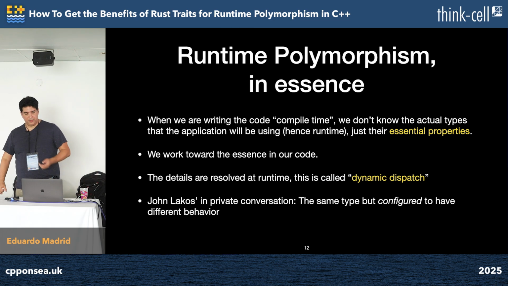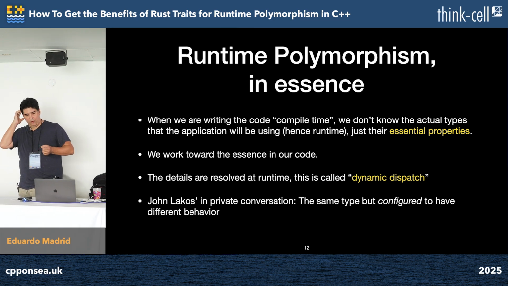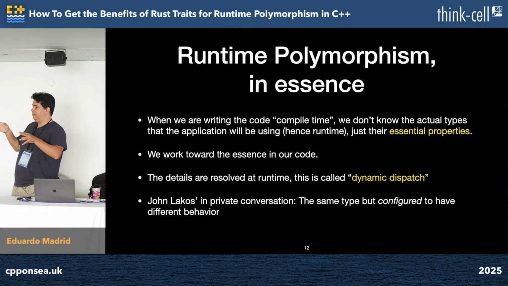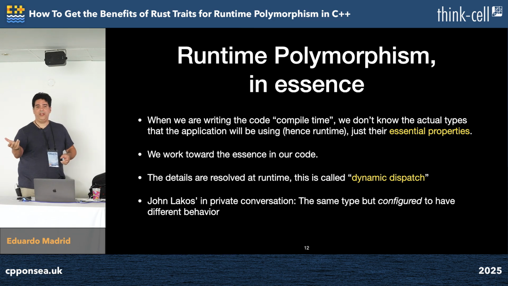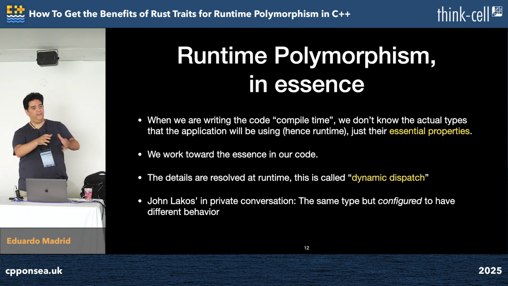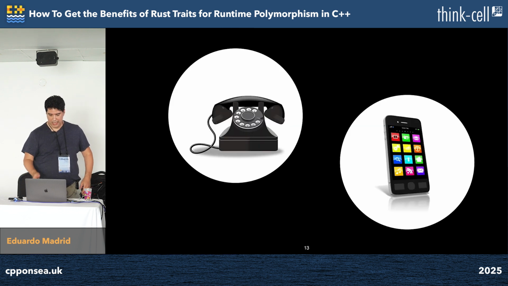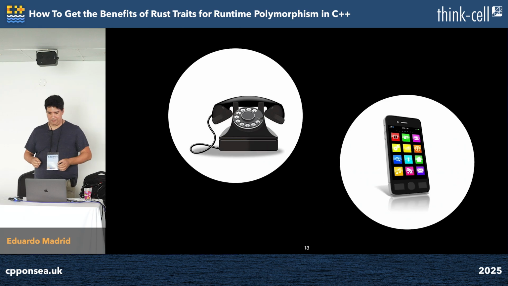John Lakos told me something quite insightful, which is that the whole idea of runtime polymorphism is that you have things that, when you're writing the program, are of the same type, but their behavior is configured so that at runtime, different behaviors are activated. And we had to introduce the concept of a subtype.